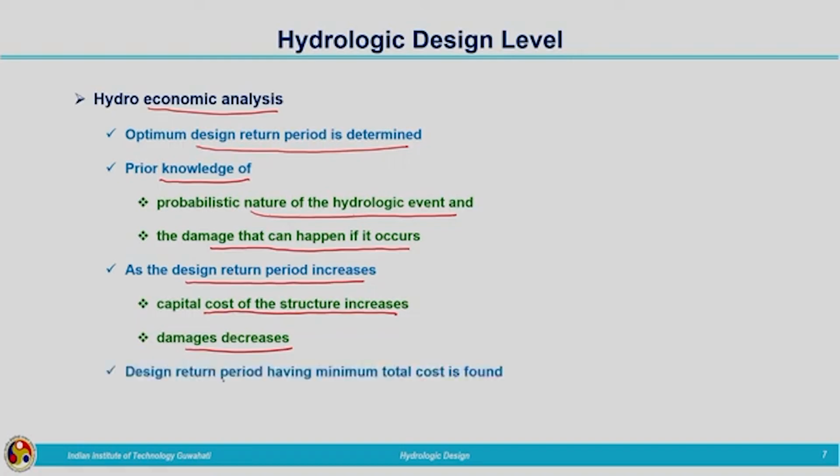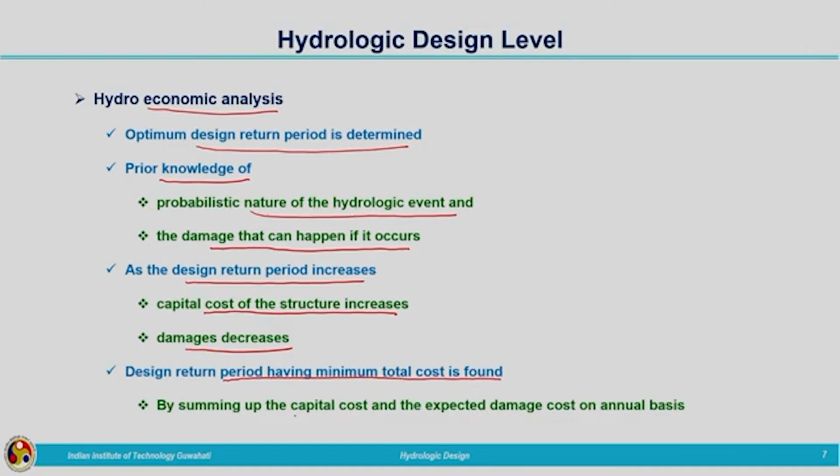So, the design return period having minimum total cost is found in this case by summing up the capital cost and the expected damage cost on an annual basis. Depending upon the importance of the structure, we can decide the capital cost and the cost related to the damages due to the failure of that structure. These two will be determined and the total sum we will be calculating.